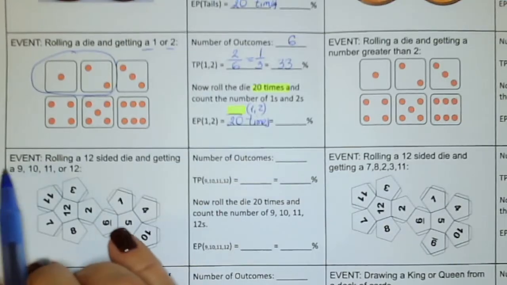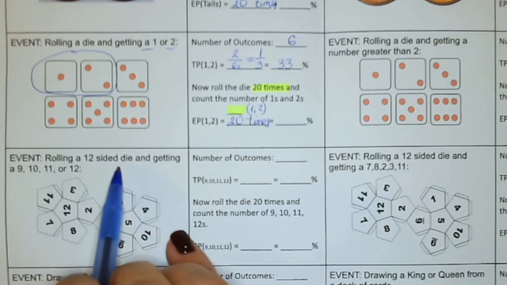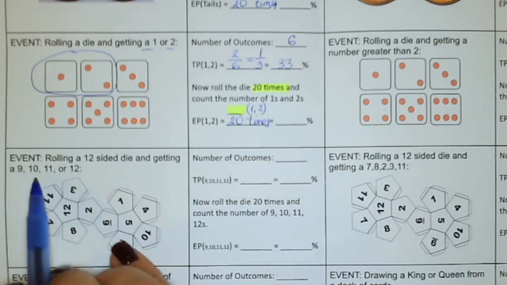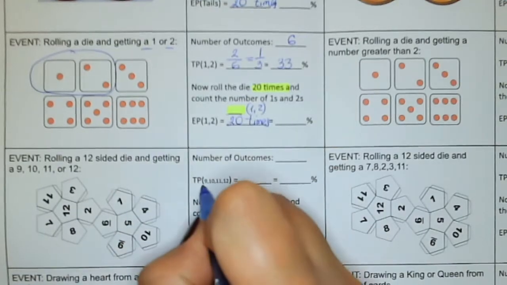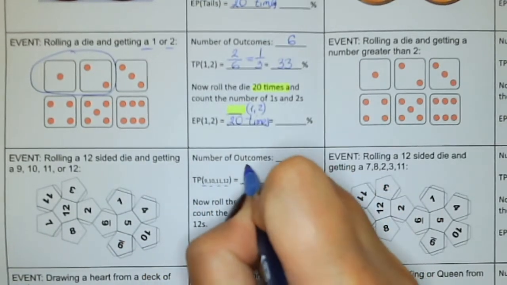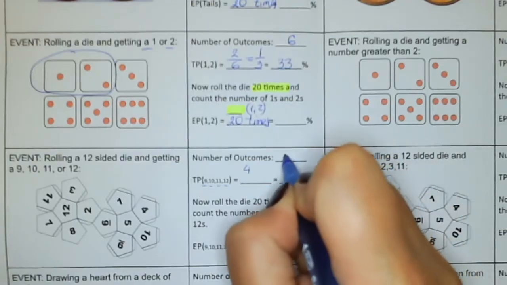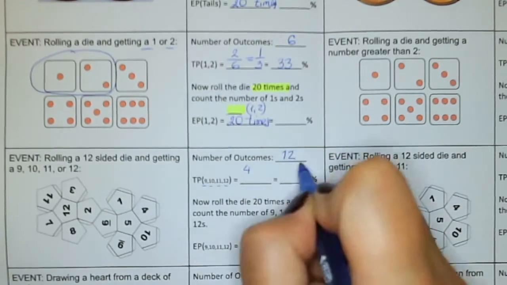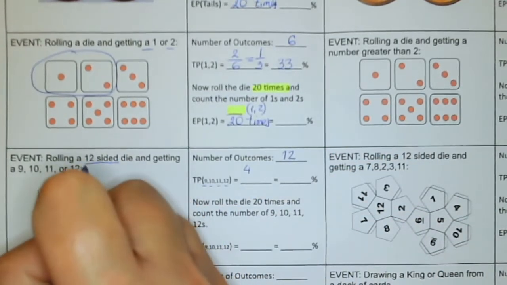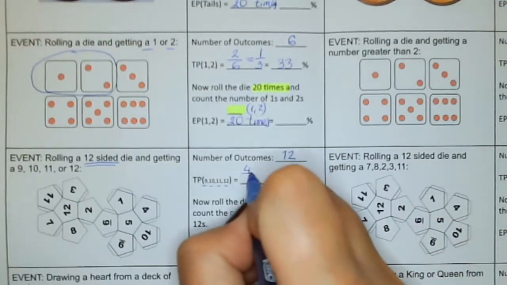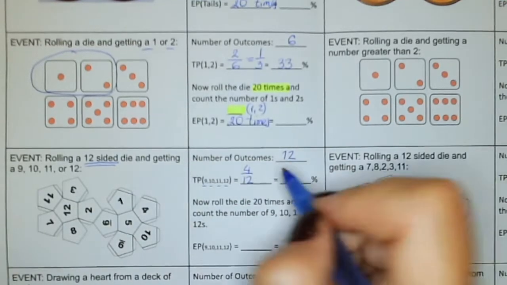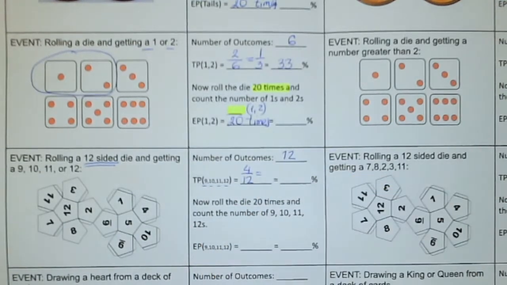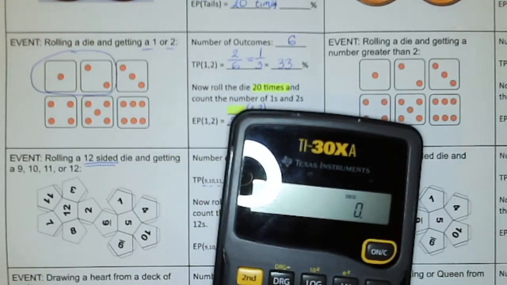So for the event, rolling a 12-sided die and getting a 9, 10, 11, or 12. That's 4 possibilities out of 12 total outcomes because it's a 12-sided die. So we can put in a calculator right away, 4 divided by 12.